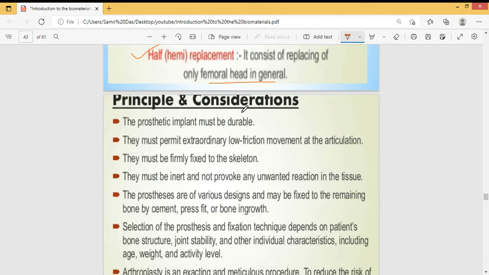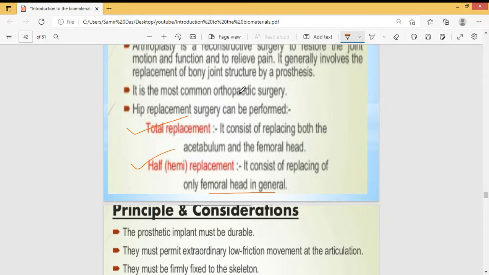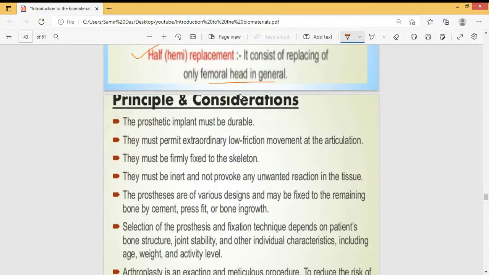The principles and considerations we take into mind in case of load bearing musculoskeletal hip replacement: the prosthesis implant must be durable.